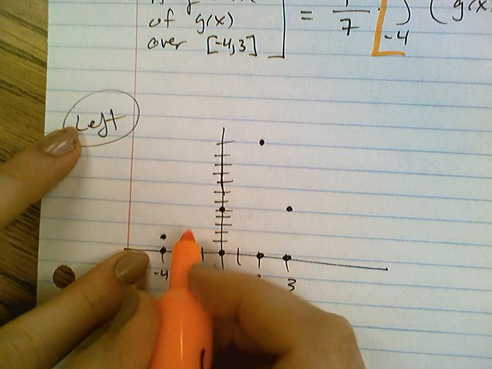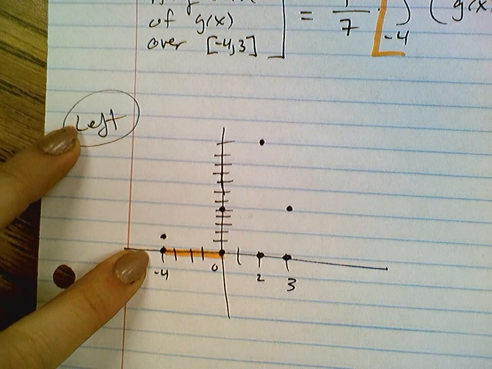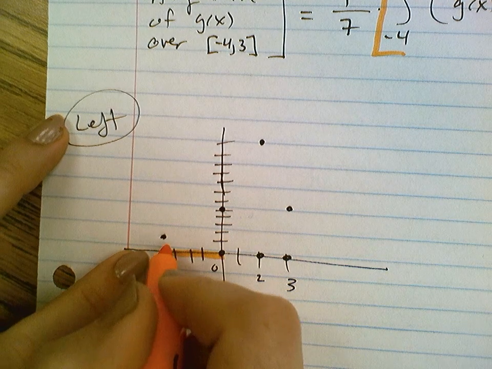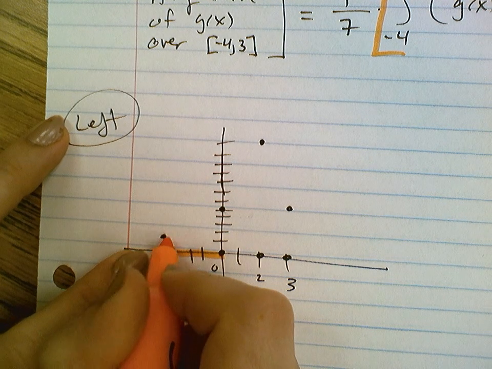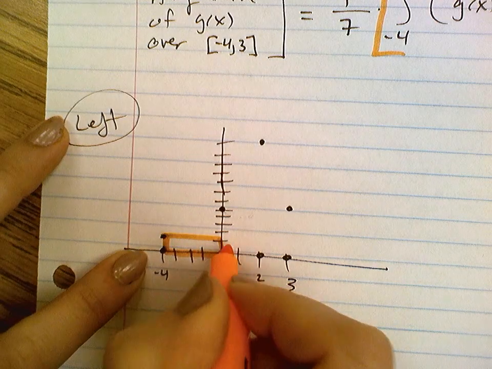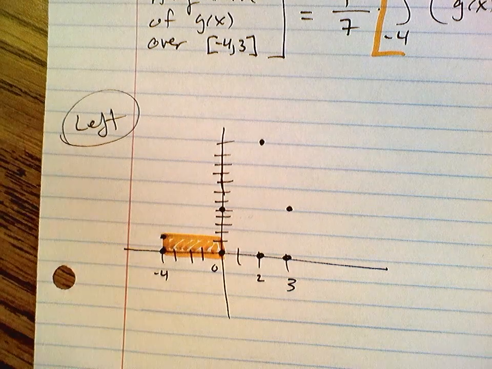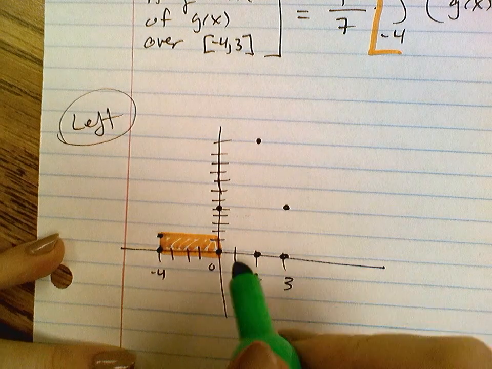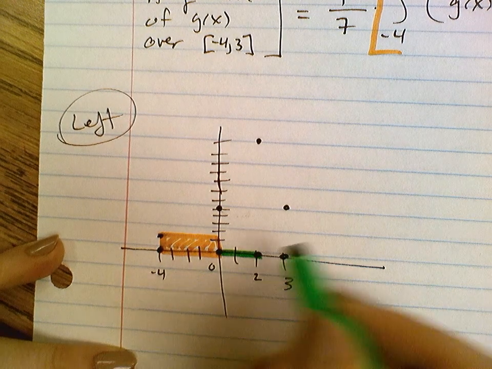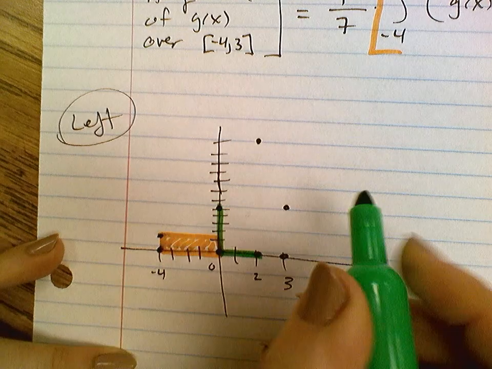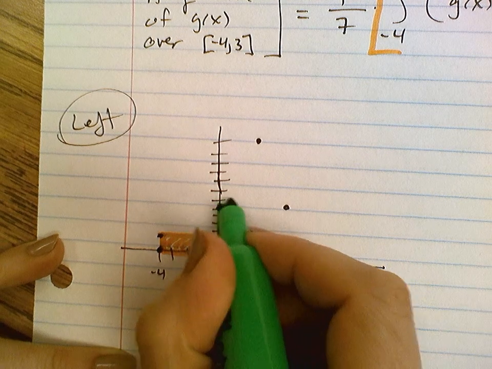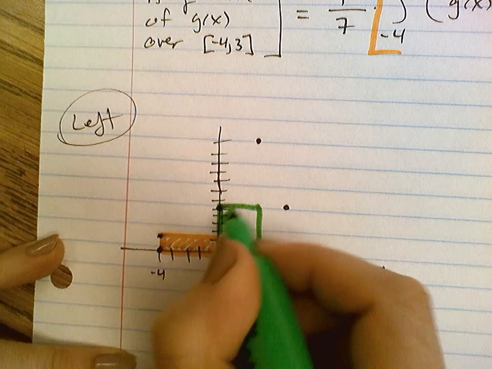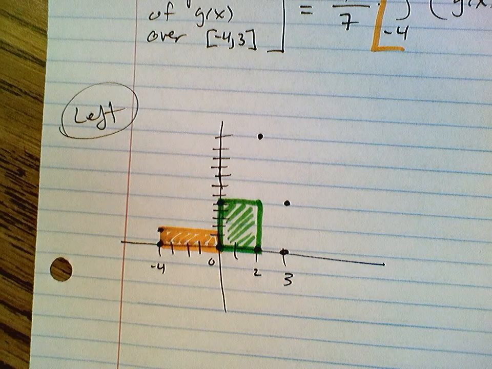So here is my first rectangle base. I'm using the left endpoint for the height. There's the first rectangle. Second base, left endpoint, and then go like that. So there's this second rectangle.